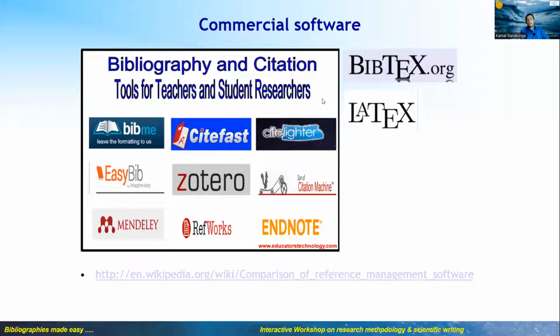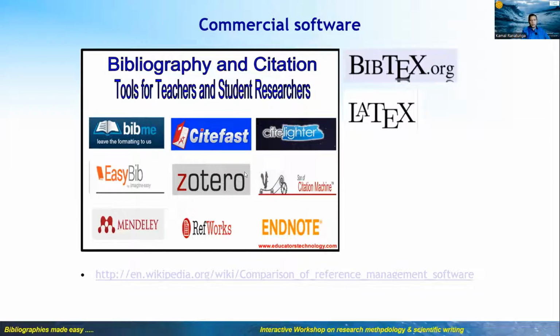There is also a link, if you install the extension in your browser, you can directly download into Mendeley from whatever search engine you are using. If you are looking at Google Scholar or ResearchGate or any other databases, you can directly download those references into your software.